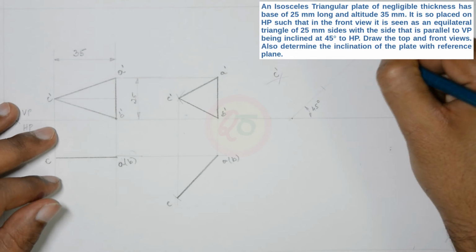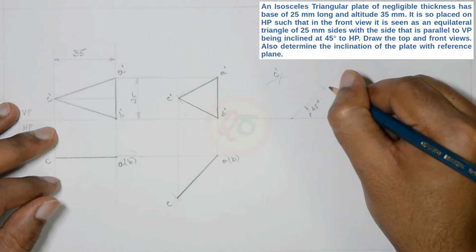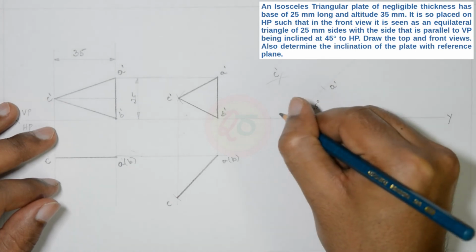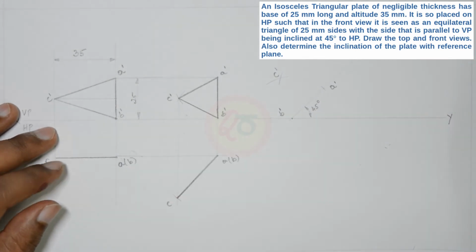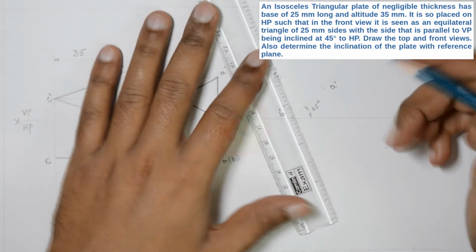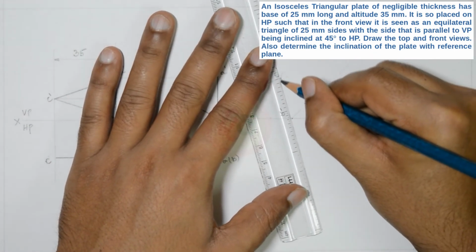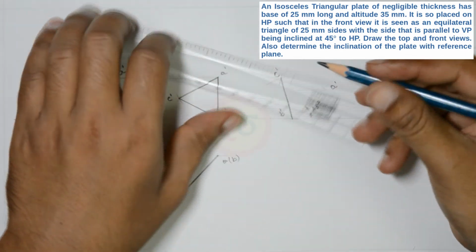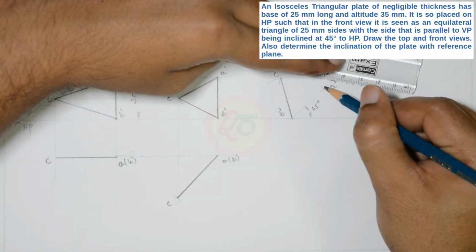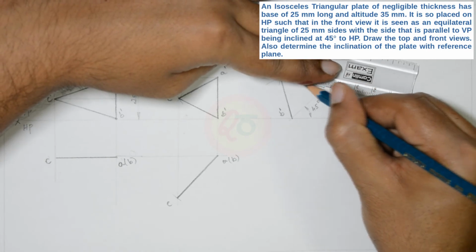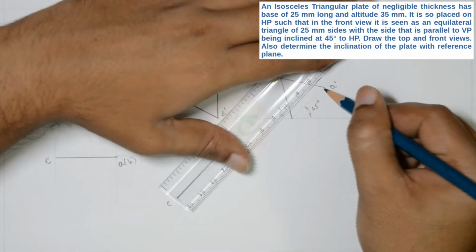Arc and the 45-degree line intersection will give me A dash, and this will be B dash. Join A dash, B dash, C dash with a 2B pencil.